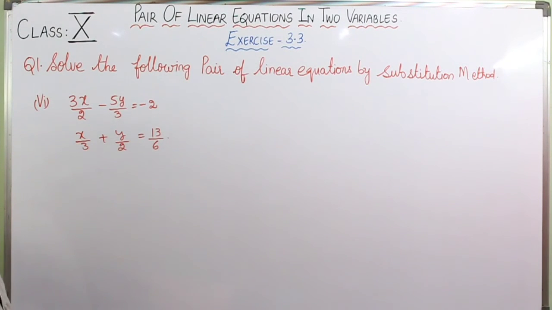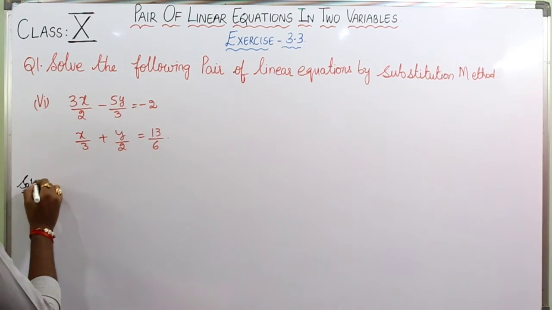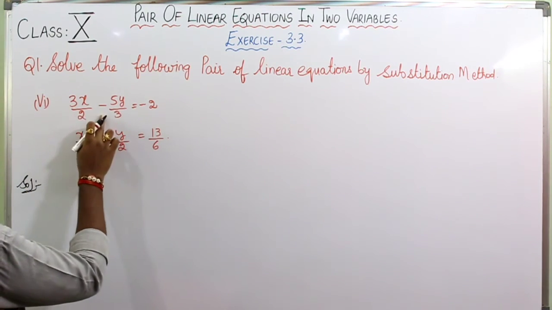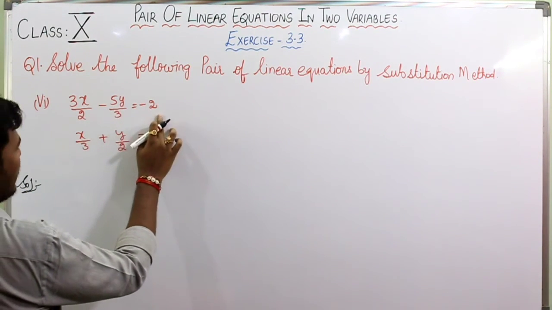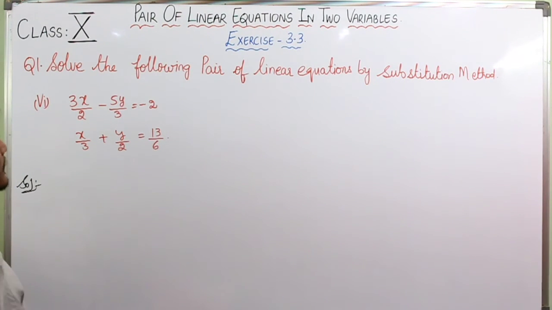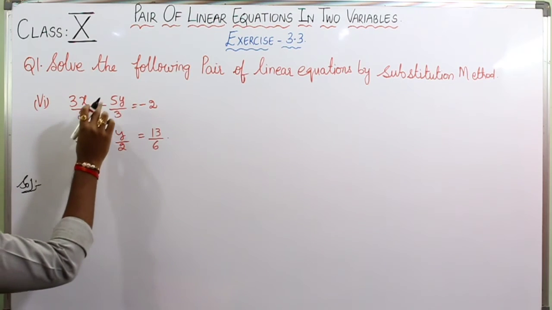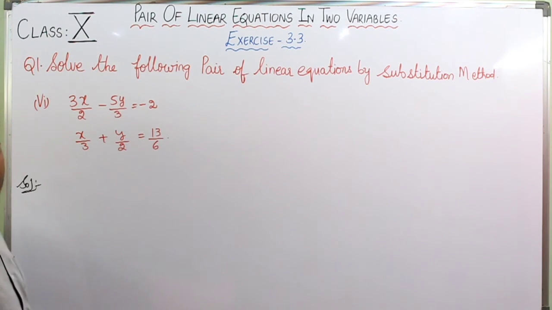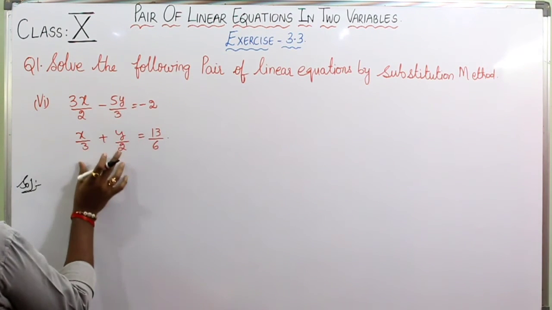Now the sixth bit of the first problem, that is 3x by 2 minus 5y by 3 is equal to minus 2, and x by 3 plus y by 2 is equal to 13 by 6. So they are in the form of a by b. Let us take the LCM and we will make a proper equation.